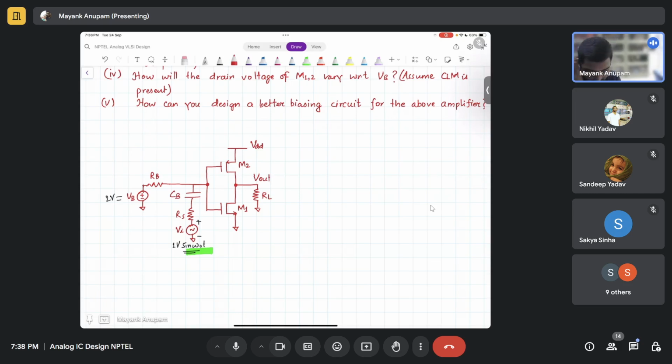Do you remember this? Yes, the coupling capacitor.